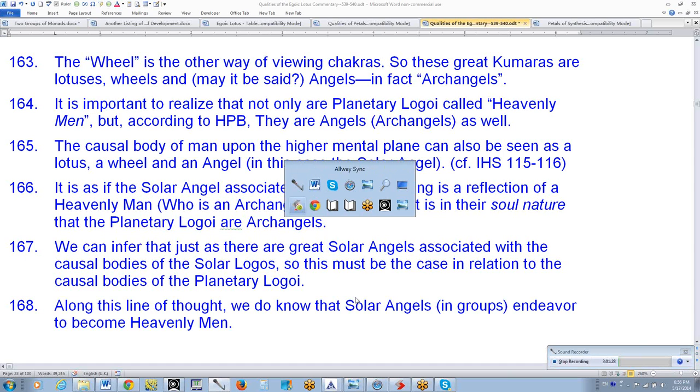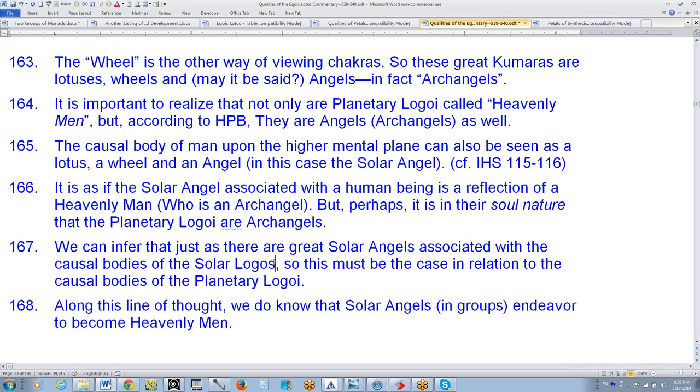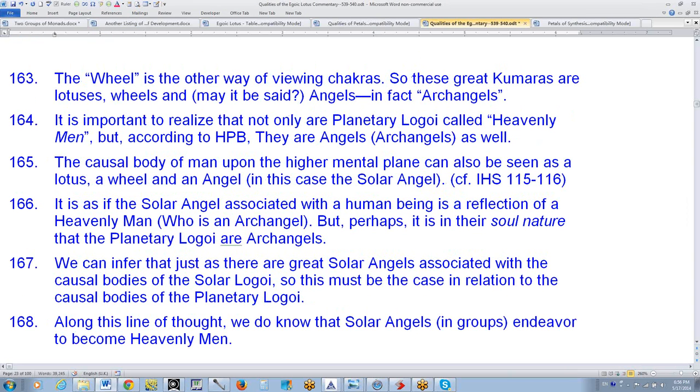In his soul nature, he is the angel. The angel of the presence is very much, in a sense, a part of his egoic nature. So we can infer that just as there are great solar angels associated with the causal bodies of the solar logoi, I suppose, so it must be the case in relation to the causal bodies of planetary logoi.